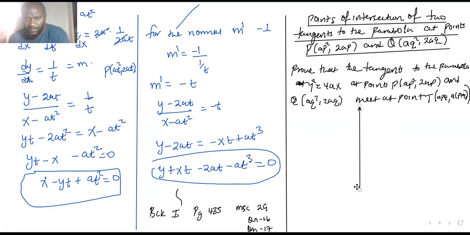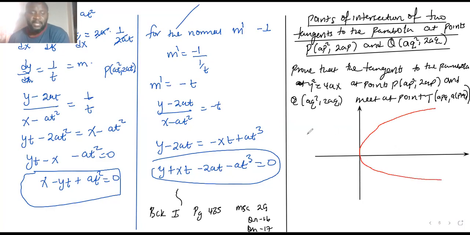We can assume this is our axis. That is our axis. We can have this as our parabola. That is our parabola. The tangents meet from our parabola at some point this way.